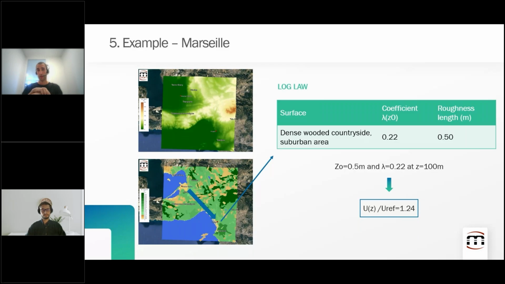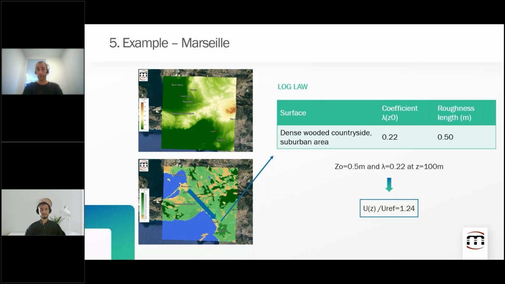So suburban area is picked with the right coefficient and the right roughness length. This will give me a ratio between my wind speed at the reference and the wind speed at 100 meter. This will give me 24% more wind speed at 100 meter high above the city than at 10 meter high above the airport.